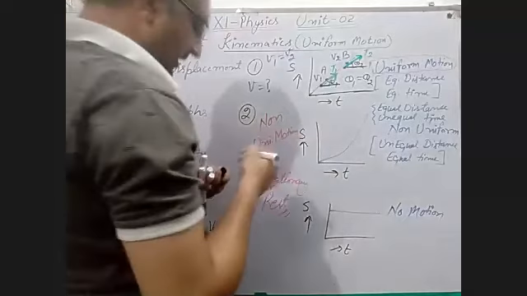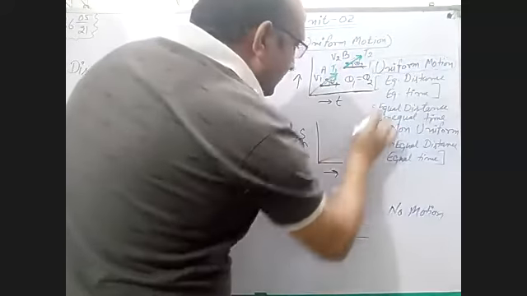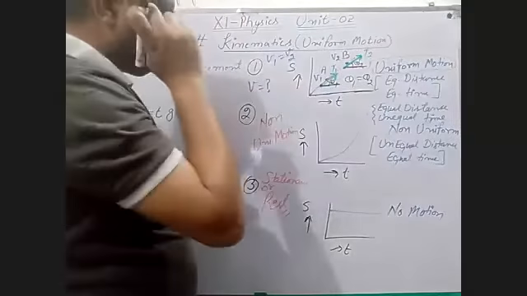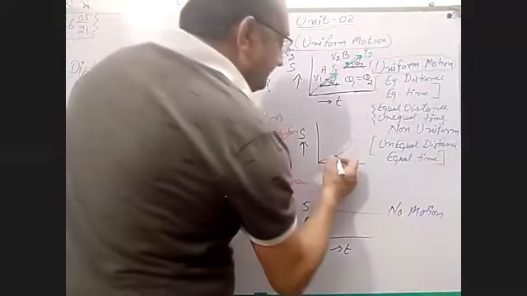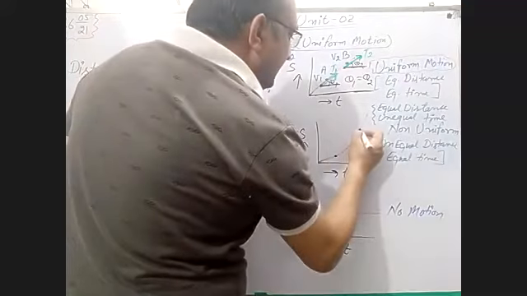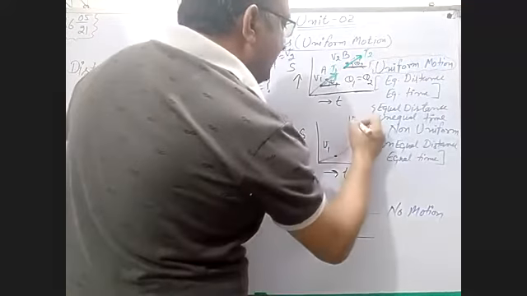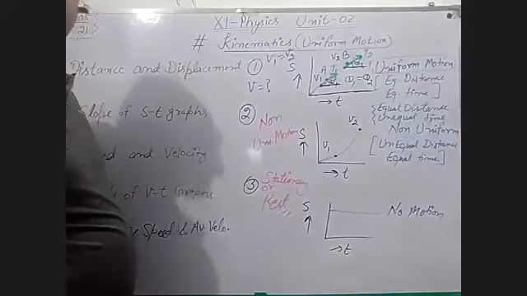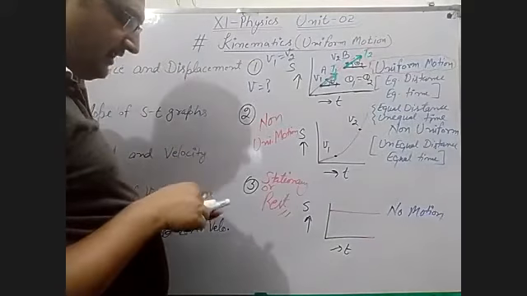But now take this condition. This is also a graph of motion, but this is non-uniform motion, meaning the value of velocity is different. Suppose here the velocity is v1, here the velocity is v2. Then how can you see this? Velocity is different.